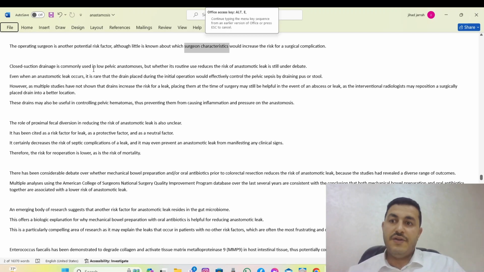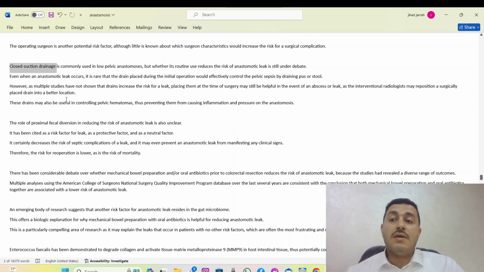Another parameter is the usage of a drain in the abdomen, whether open, closed suction, or drain. It's not clear whether it increases, decreases, or is neutral. It's not clear if it is a risk factor for leak.